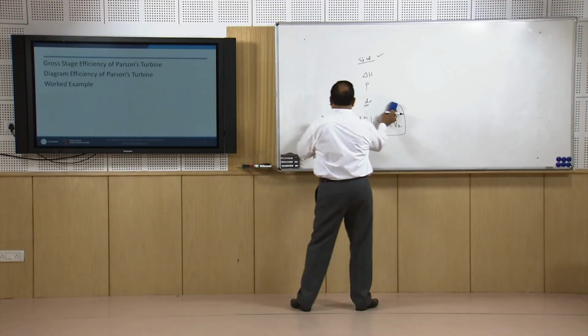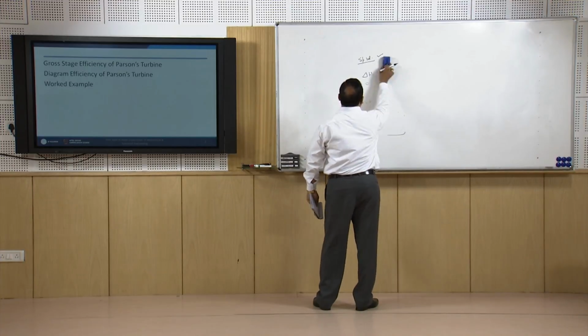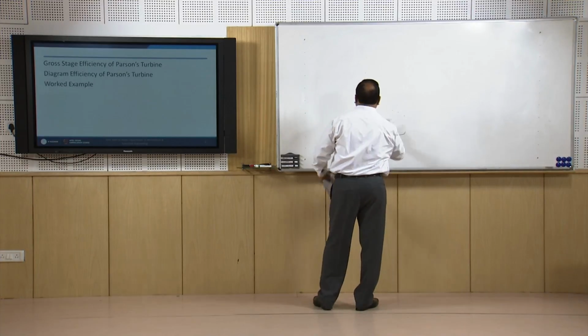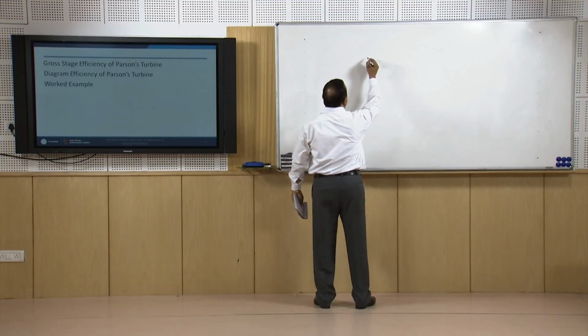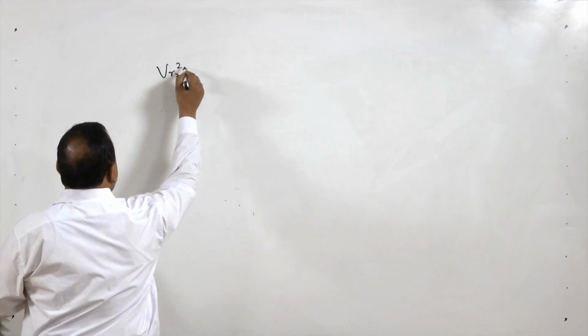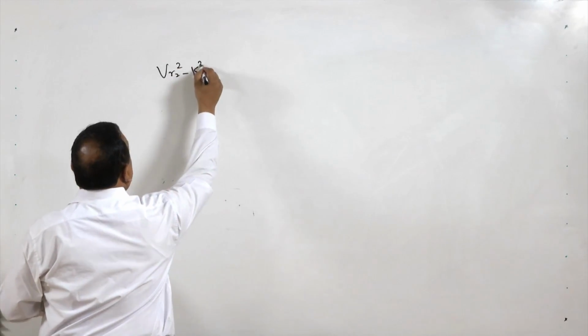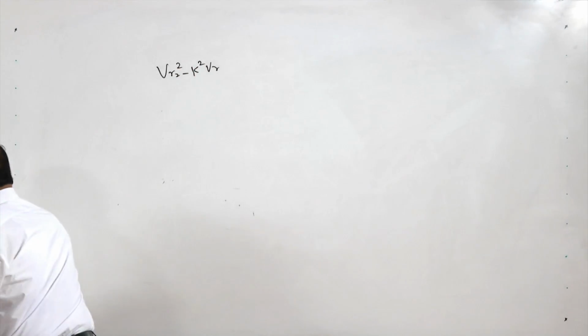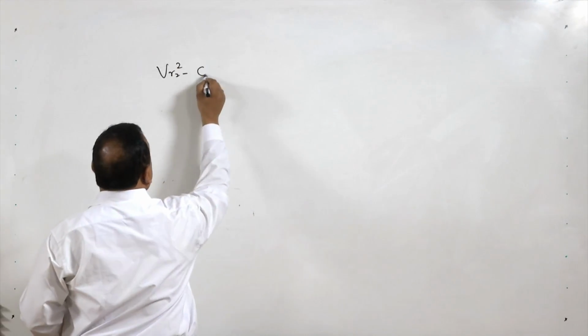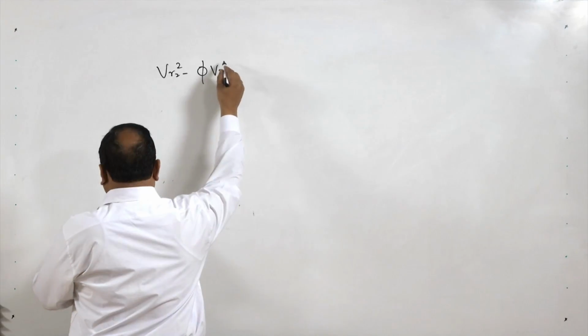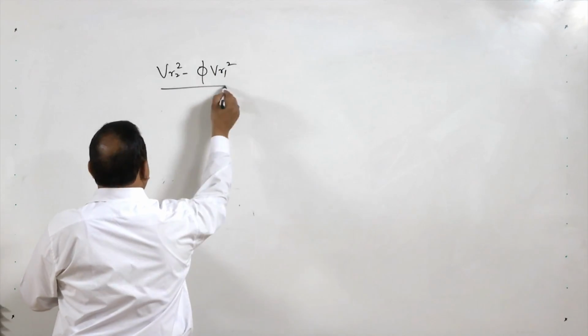We will start with the gain in the kinetic energy in moving blades. In moving blades, the gain in the kinetic energy is VR2 square minus K square VR1 square by 2. So, instead of K square we will take phi, the carry over coefficient, phi VR1 square by 2.